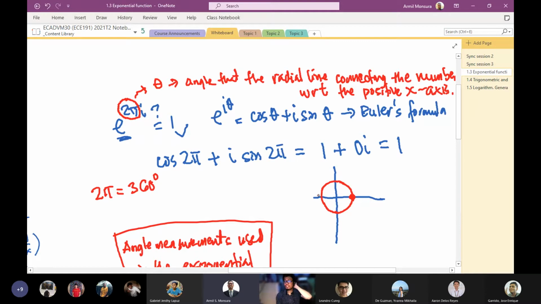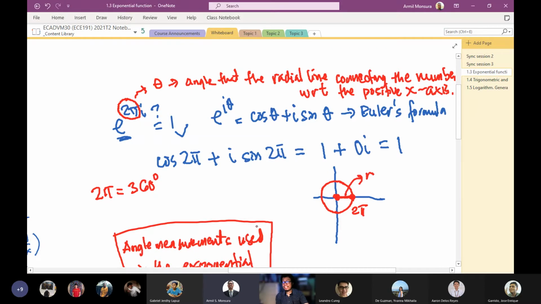So, in that case, the angle here is 2 pi. Ngayon, ang tanong, ano yung magnitude? Ito kasi yung magnitude: the length of the line connecting the origin and the number. Gaano kahaba yan? We say that this is R, right?